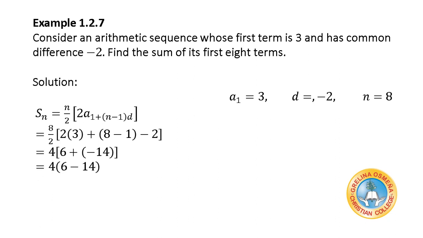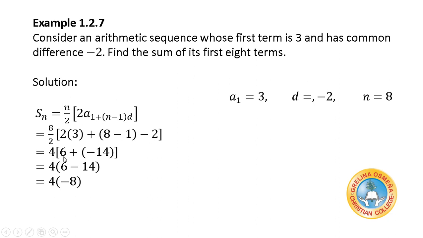Wait, something is wrong. I got confused: this is not minus. 8 minus 1 is 7, times negative 2, so we have negative 14. This is negative 2, not minus 2, since d is multiplied.